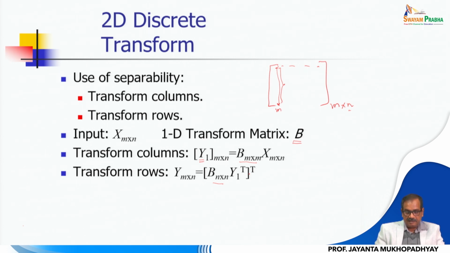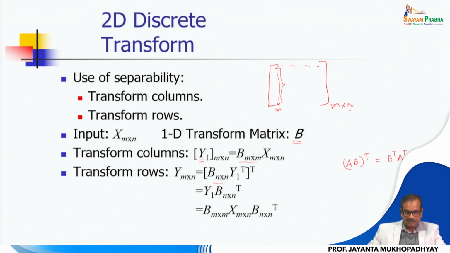If I simplify these steps, as you know, the transpose of a product of two matrices is the product of the transposes of those matrices in reverse order. So this can be written this way: Y1 transpose becomes Y1, and this is B n cross n transpose. Now if I replace Y1 by this value, this will be my expression.